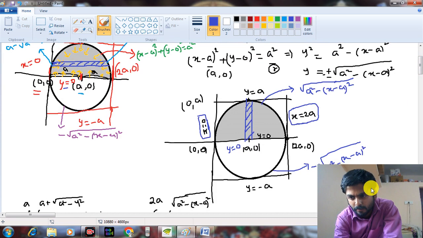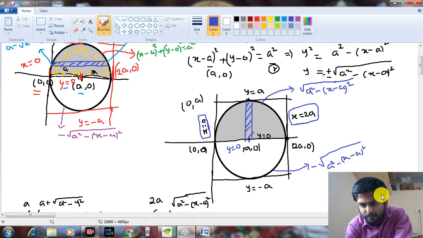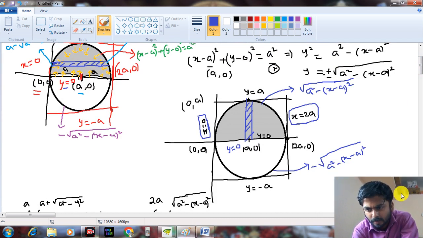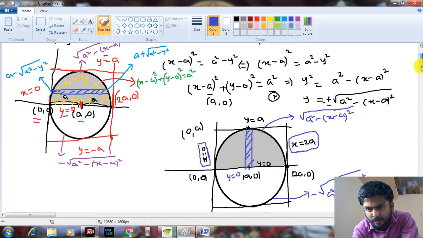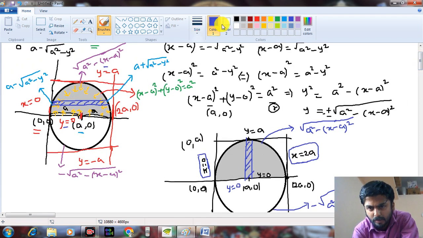Okay, now I hope you understand how the given function is transformed.